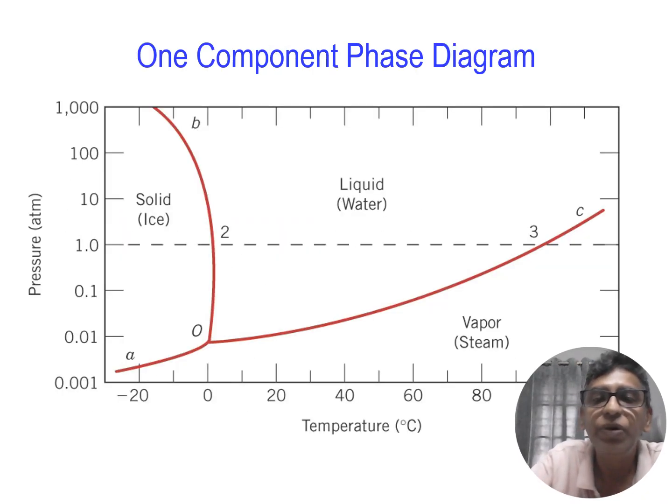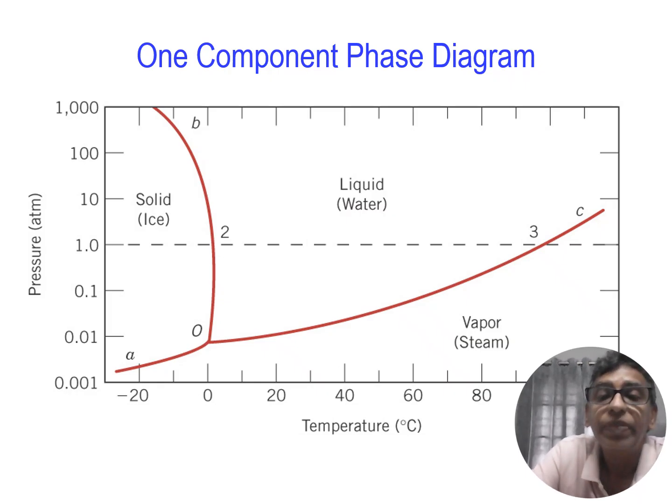So, for example, if you take a one component phase diagram, in the y-axis we have taken pressure and in the x-axis we have temperature. So at 0 degree centigrade or less than 0 degree, we have solid ice. Whenever you increase the temperature, it becomes liquid or water.